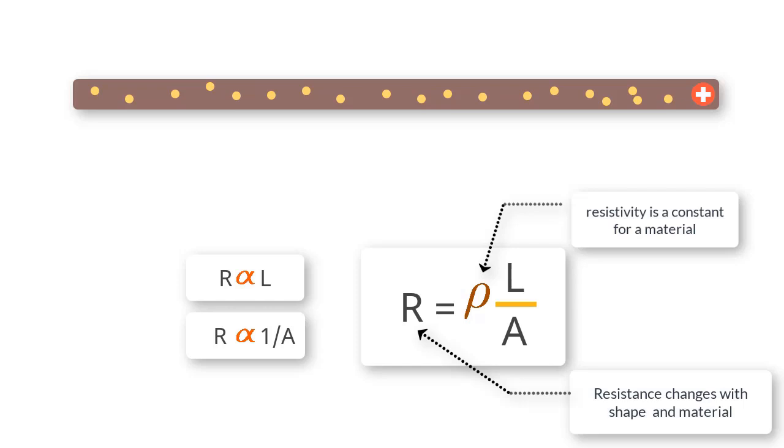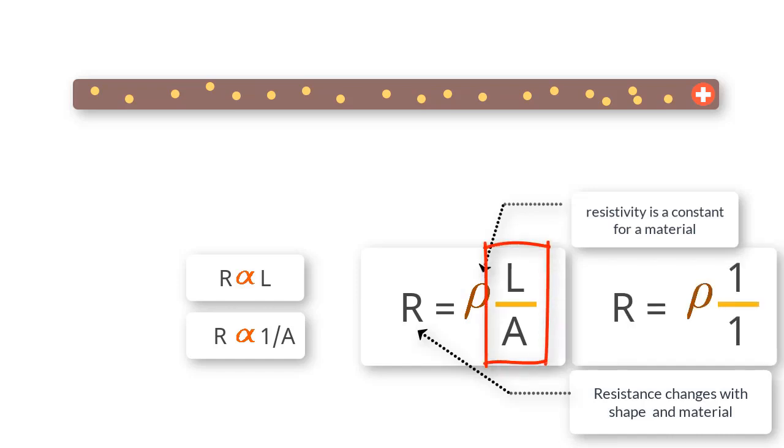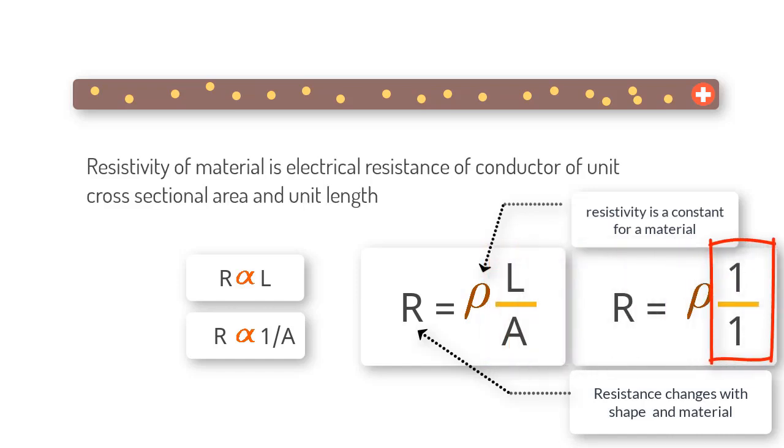More formally, we could define resistivity of a material as electrical resistance of a conductor of unit cross-sectional area and unit length, because if you put unit value for L and A, what you get is the resistance value for that dimension.